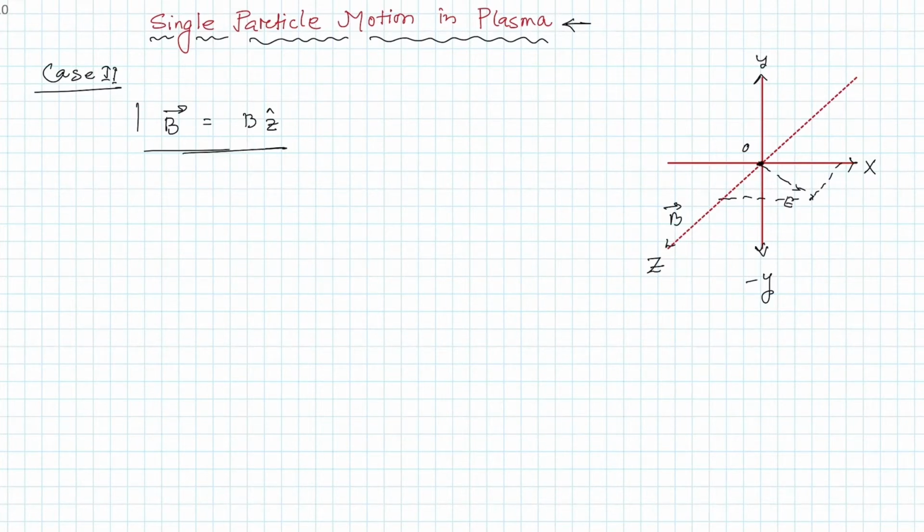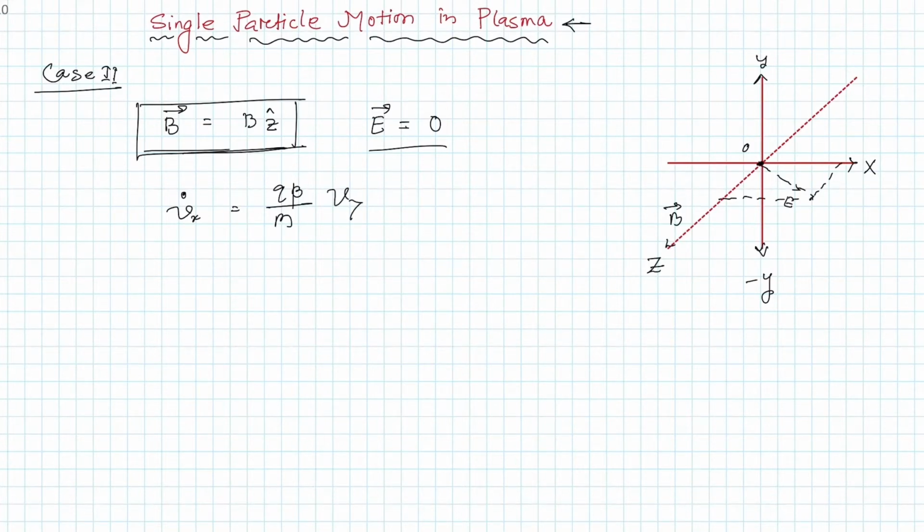In the first case we had taken magnetic field along z direction, and no external electric field was applied. We also got that vx dot is equal to qB by m vy.